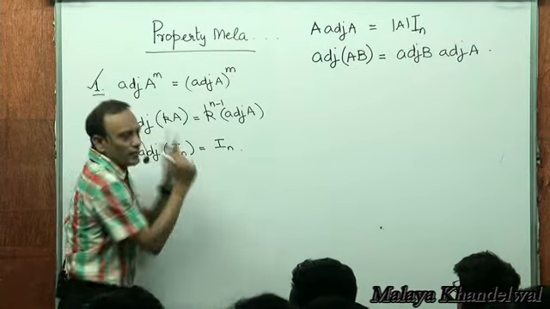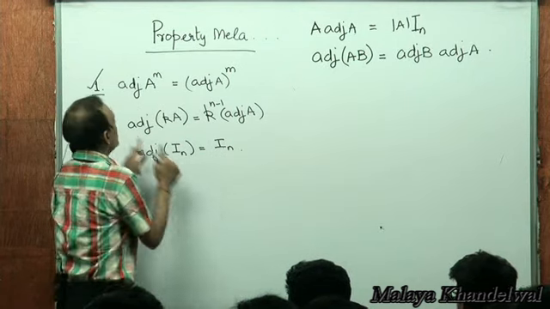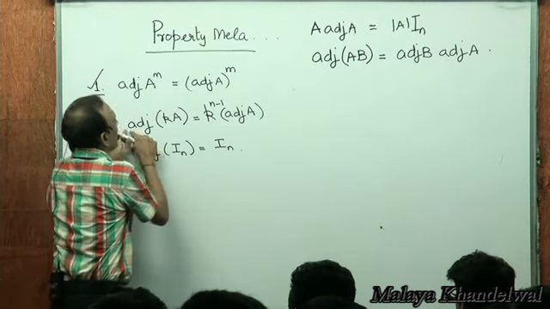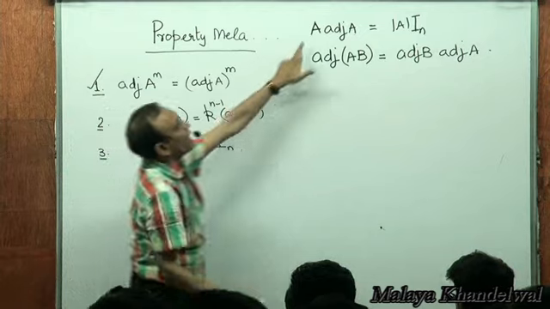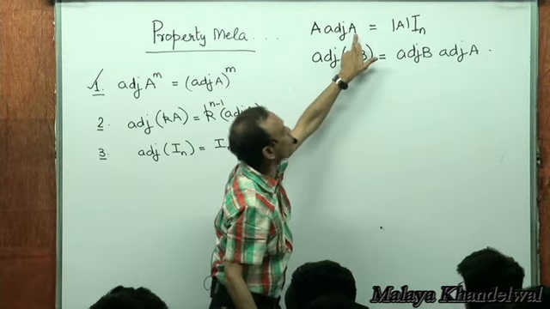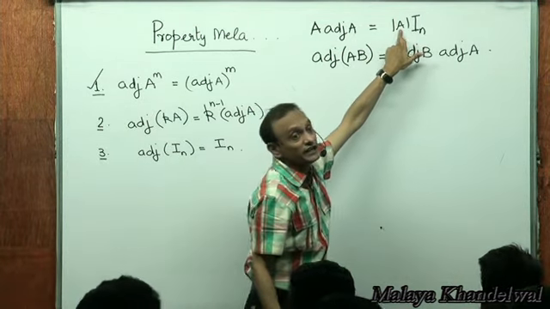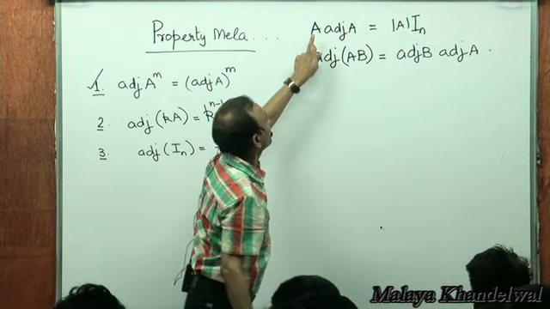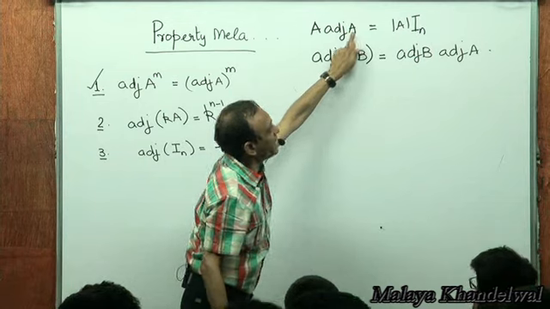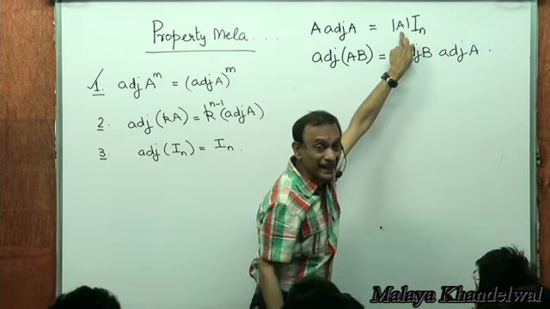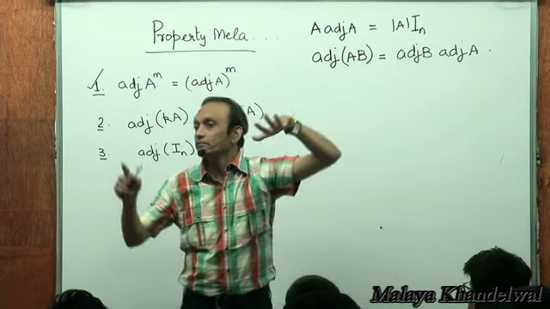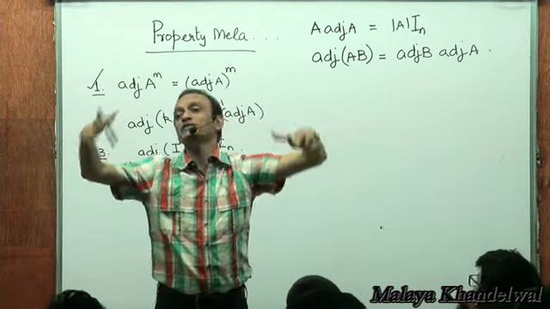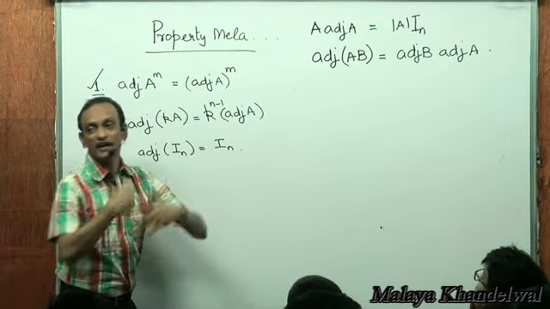So it would have been a good idea dealing with KA times adjoint of KA, because that would have this formation. KA times adjoint KA would have been determinant KA into In. Let's start with that formation and see where we are headed.